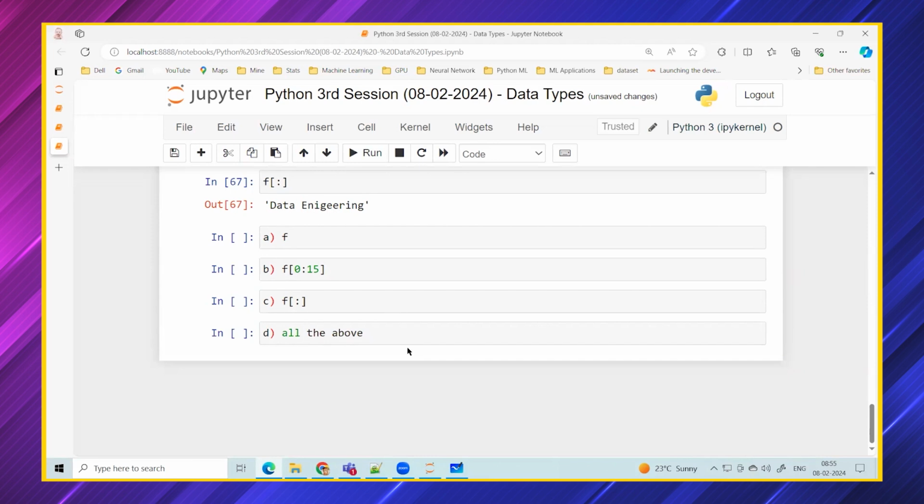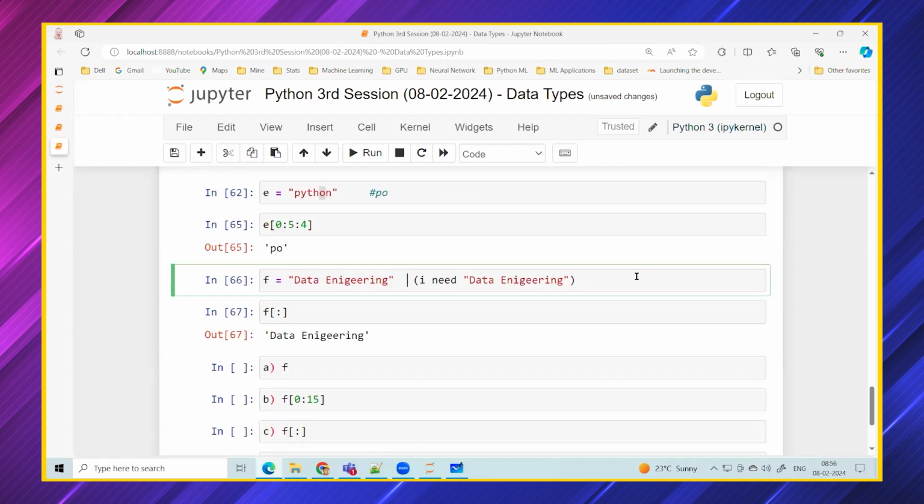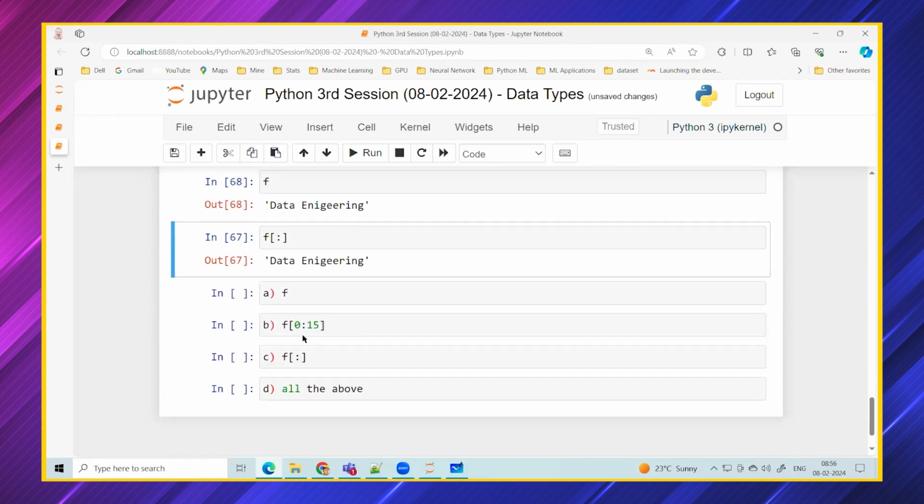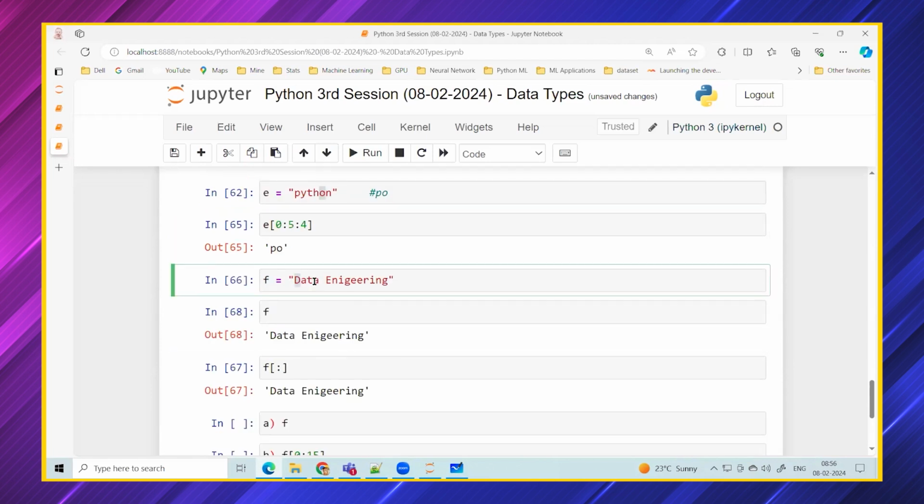C. And B. No, all of the above. Yes, all of the above. The first is also printing the same, so it is all the above. The reason is if you give F also, you'll get the entire string. And 0 to 15 means what? 0, 1, 2, 3, 4, 5, 6, 7, 8, 9, 10, 11, 12, 13, 14.